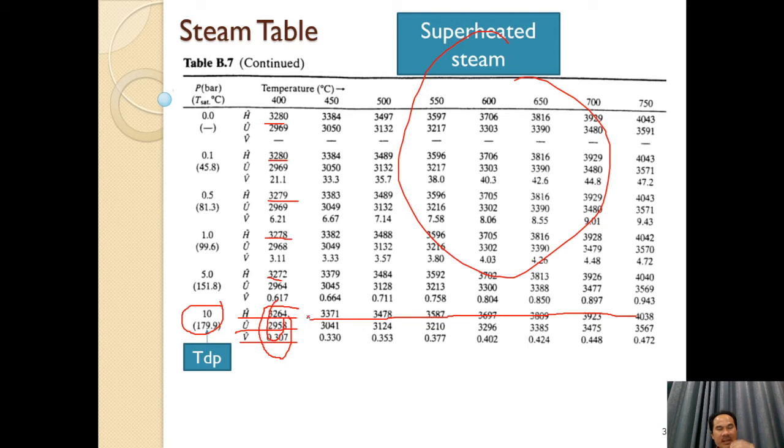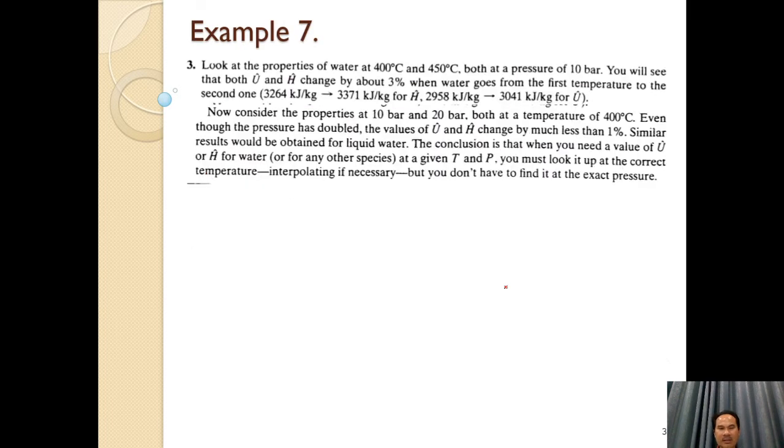It changes slightly when the pressure changes, but strongly with temperature change: 3,200, 3,300, 3,400, 3,500, 3,600. It's clear that enthalpy is strongly dependent on temperature, but only slightly dependent on pressure. That is the answer for the question.